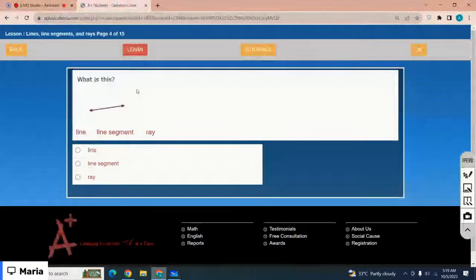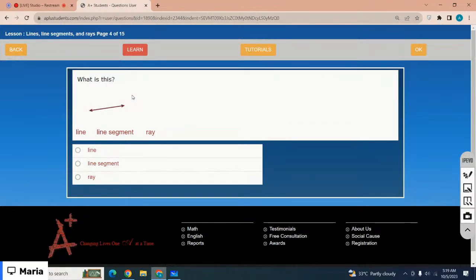Okay, what is this? Line segment, ray. What is this?